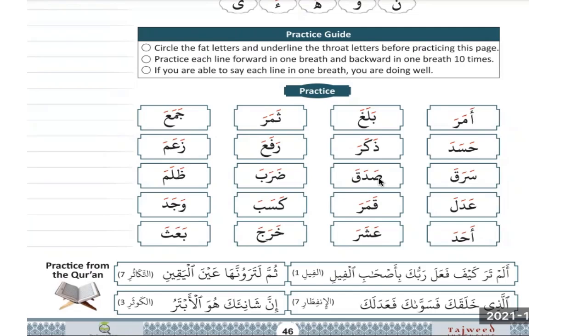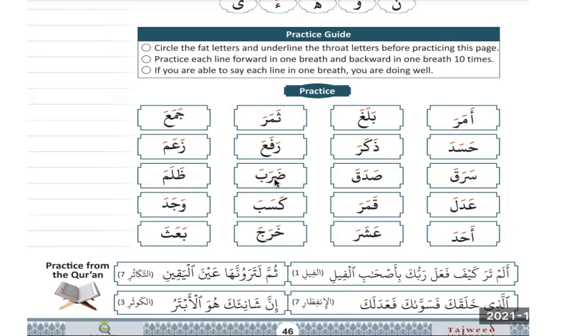Make sure of a heavy sound, then a light sound, and then a heavy sound. Sadaqa. Don't say sadaka. This is wrong. Okay? Sadaqa.